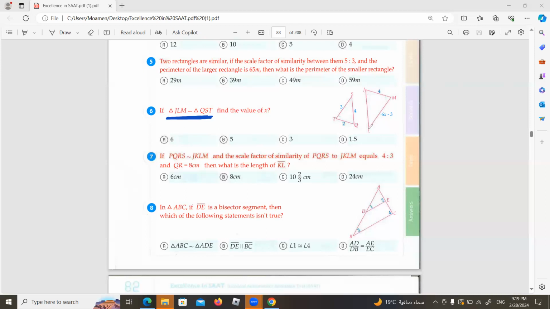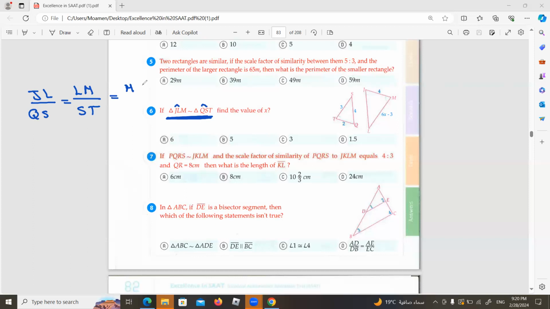I'm going X, which is LM. So I need LM. So, Mr., you will see. I just write the first two letters with the first two letters. So I just write JL over the first two letters QS is equal to the second two letters. We have LM over ST, equal, yes, complete the umbrella. It means the third letter with the first.